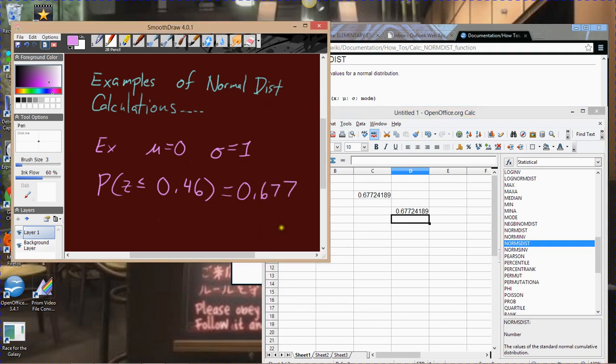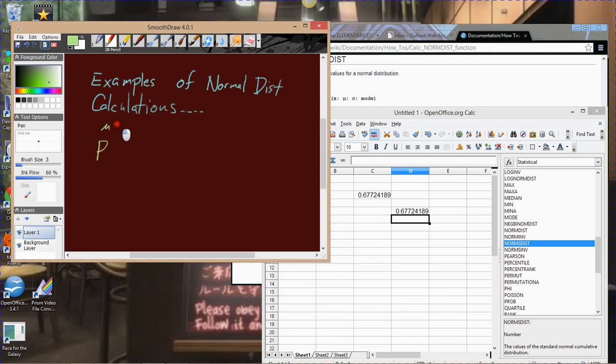Alright, let's do a little more complicated one. Let's say we do, still sticking with the standard guy, mu equals 0, sigma equals 1. Say we wanted the probability that z is between 0.38 and 1.47. Well, we talked about this in the last video.